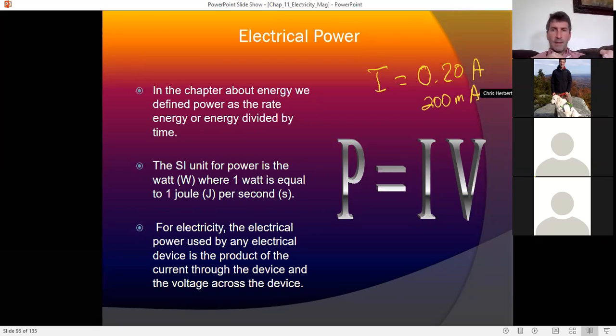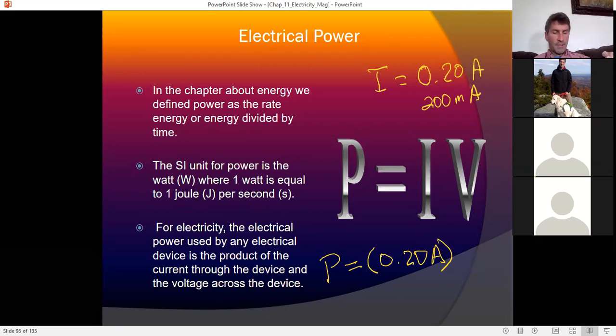If I plug that appliance into the wall, and I know that it uses 200 milliamps, I can calculate the power because I know the current. I have to keep everything in SI units. Amps are the SI units for current.